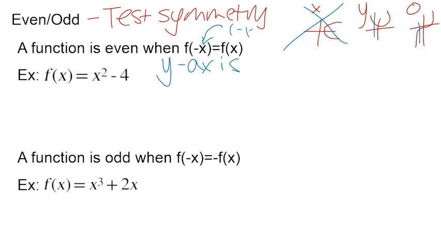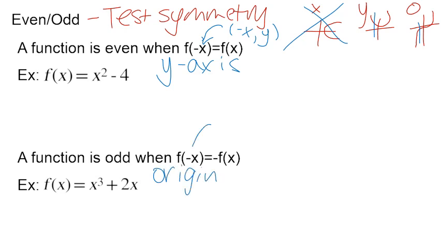This is the same as what we talked about earlier in this chapter. If we plug in negative x and we get out a positive y, then we would have even symmetry. I want to jump down before I do this example to where there's odd. So if a function is odd, that would have origin symmetry.